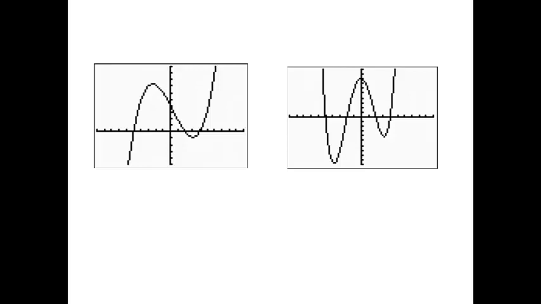So based on that end behavior first, if it goes down to the left and up to the right, remember that kind of resembles a graph of x cubed, we know that there must be an odd degree, and we also know that there must be a positive leading coefficient.